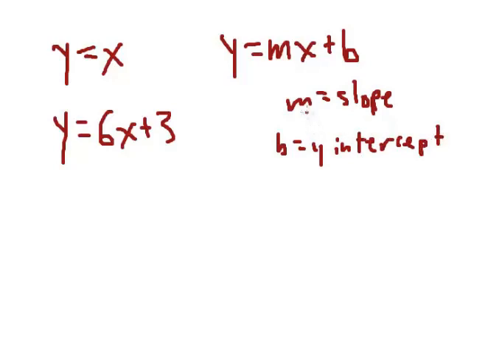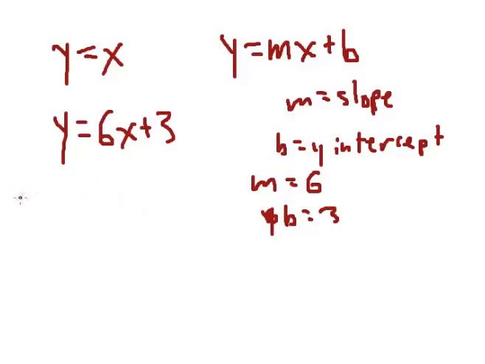That means where it's going to cross the y-axis, and again, we'll see what that means a little bit later on. So in this case, this is y equals mx plus b form. You know right away, since it's y equals mx plus b, that the m, namely the slope, is 6, and the y-intercept, or the b, is 3.